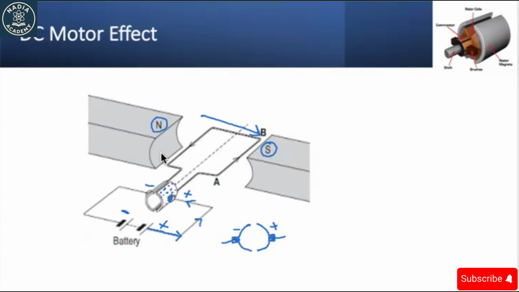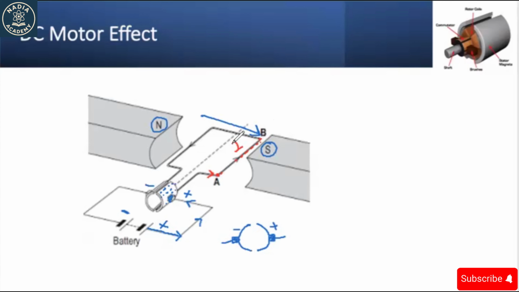Now the current is flowing along this direction, which is a counterclockwise direction of the current. Consider this AB side: the current here is perpendicular to the magnetic flux density.